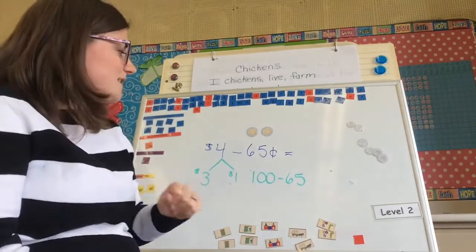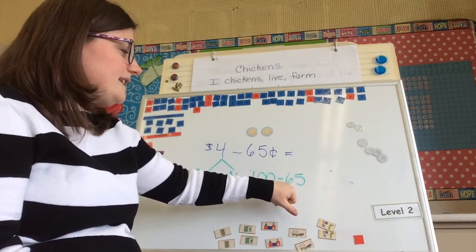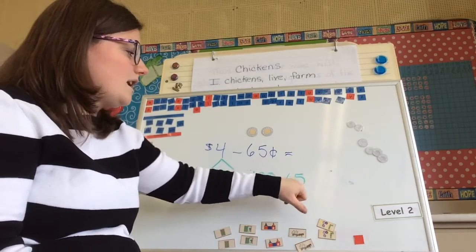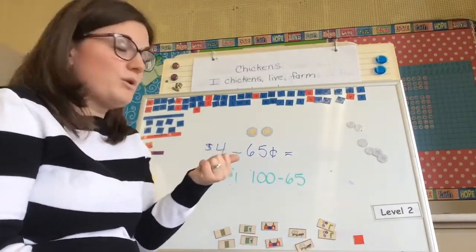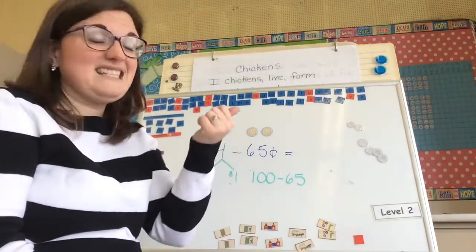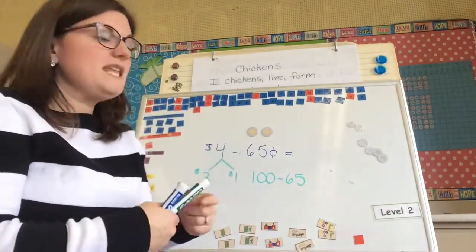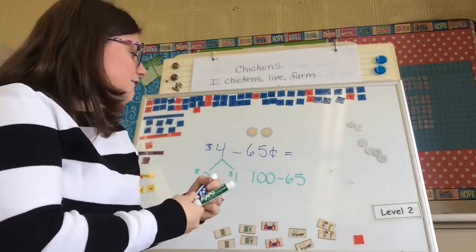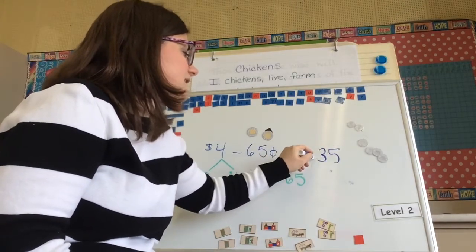So you can think of taking away our 6 tens and our 5, we're thinking what number goes with 65 to make 100? Well, 5 more would get me 70. And then count by tens, 80, 90, 100. So it'd be 35. Okay? That would be my cents.